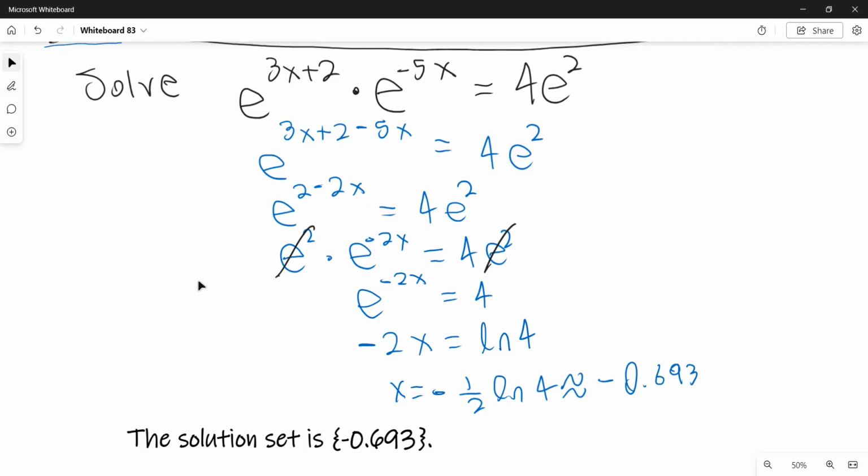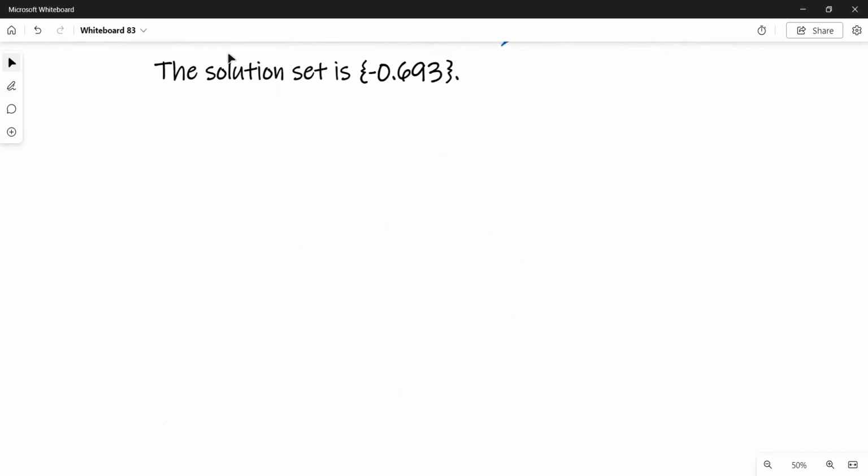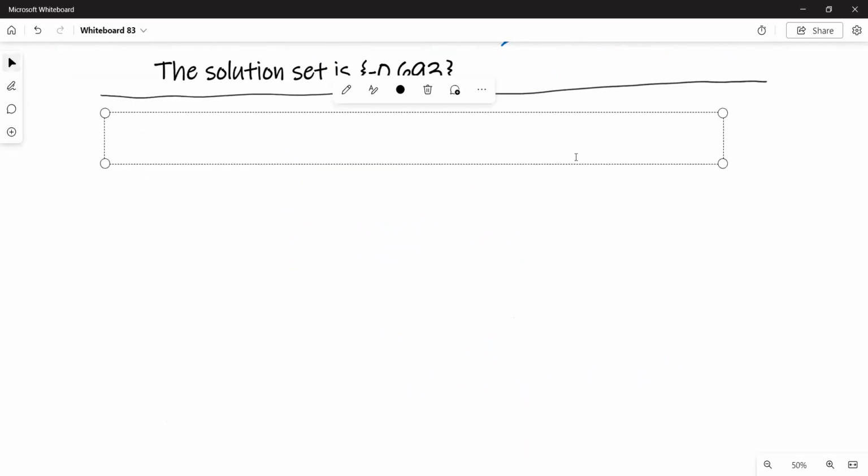Okay, we can also solve exponential equations in quadratic form, like we did in chapter 1, where we had equations that look like quadratic equations. So with the exponentials, we can do that. We can solve an exponential equation in quadratic form.